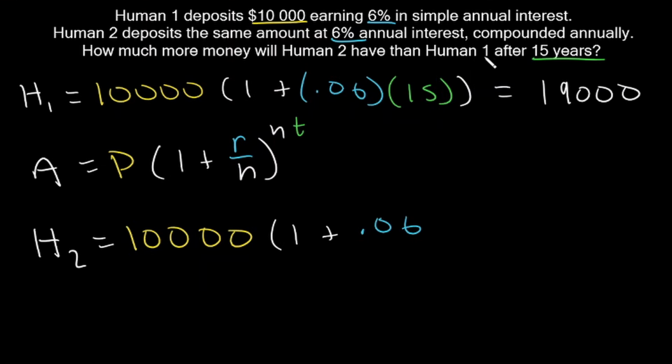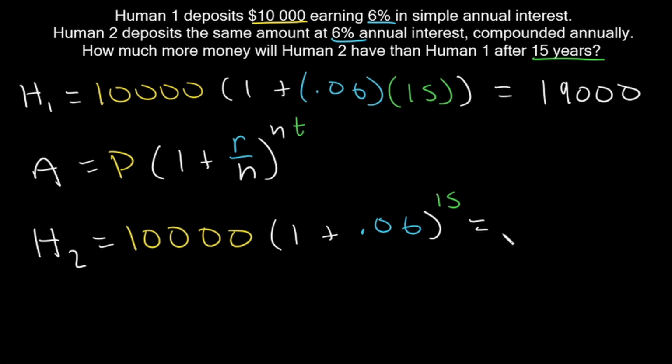But what is our n? Well, it says it is compounded annually. So if n is the amount of times it's compounded each year, then n is just going to be 1. And any number divided by 1 or multiplied by 1 is just going to be the same, so we can just ignore the n's. We don't even need to write them. So if we raise this to our time, it's going to be 15 years.